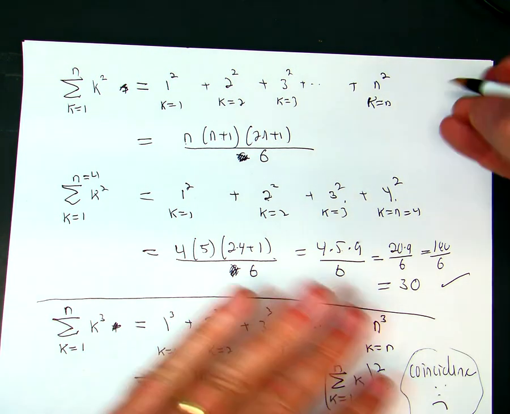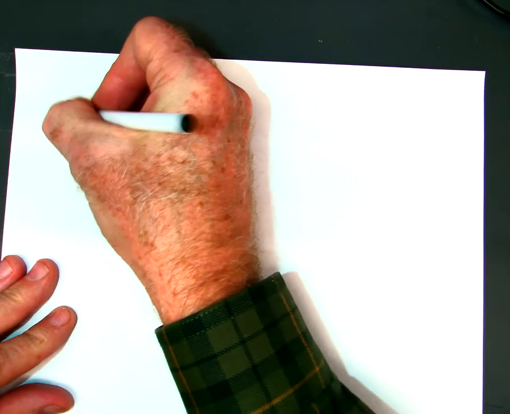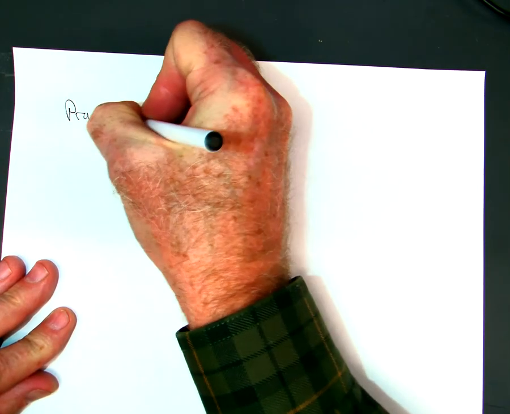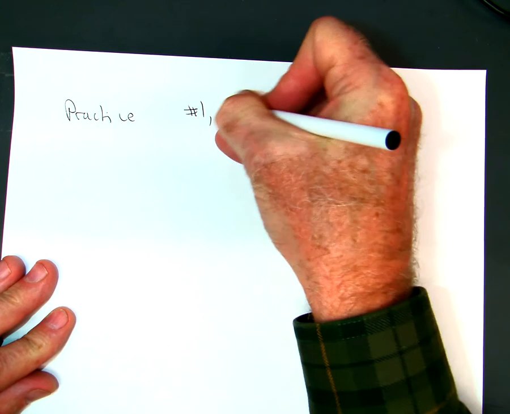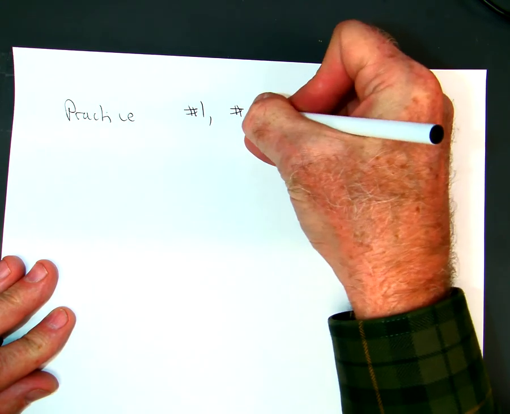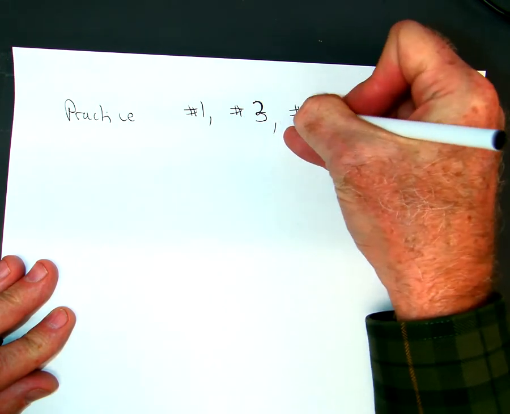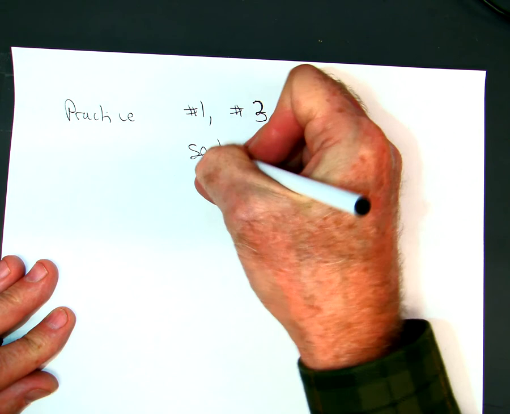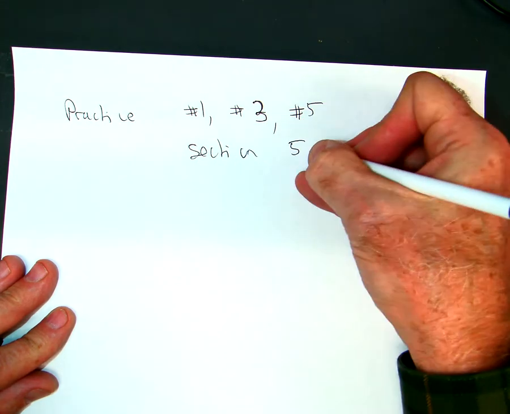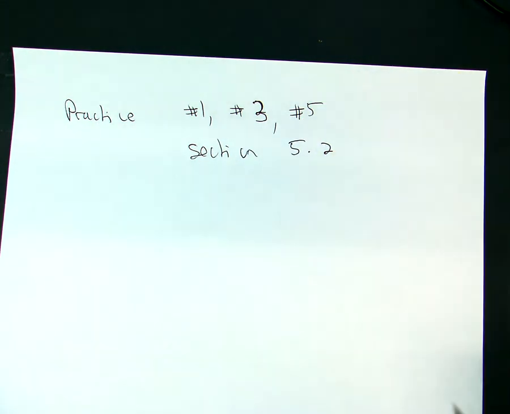So if you want to do some reviewing of this on your own, do some problems, some practice, see numbers 1, 3, and 5 in section 5.2. I'm not going to emphasize computation.